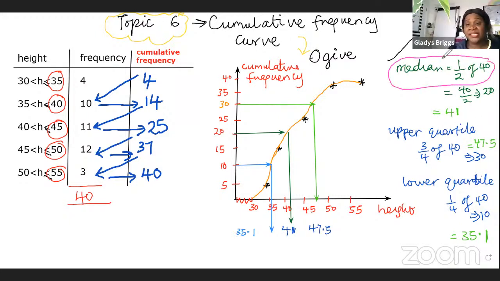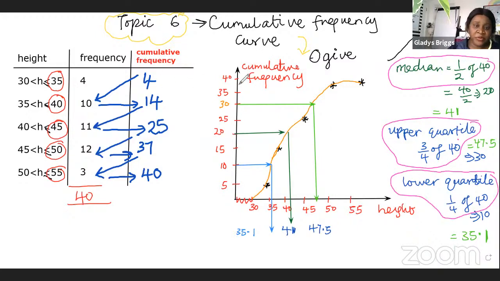It actually is (n+1)/2. So it should be 41/2. But it's all right. And this one is 3/4 of the data. And the lower quartile is 1/4 of the data. The data is 40, the entire data.